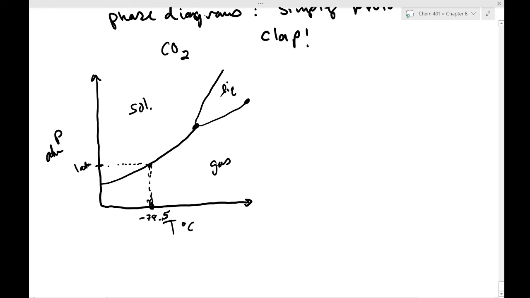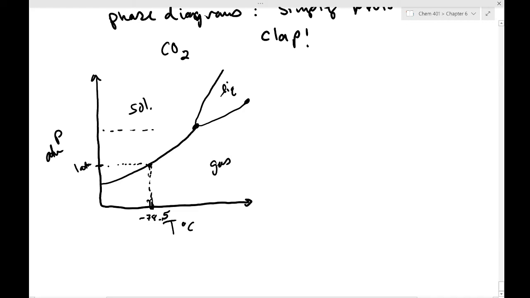This is why at atmospheric pressure, solid CO2, or dry ice, doesn't go into the liquid phase before it turns into a gas. It goes directly from a solid to a gas. It has everything to do with the solutions to the Clausius-Clapeyron equation, which define this phase diagram.